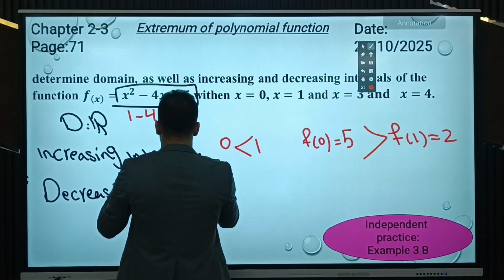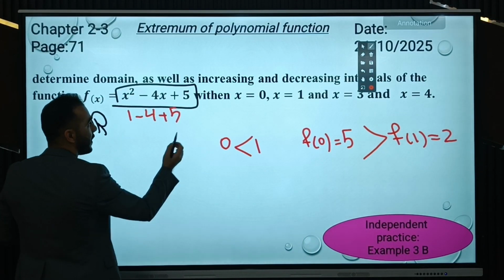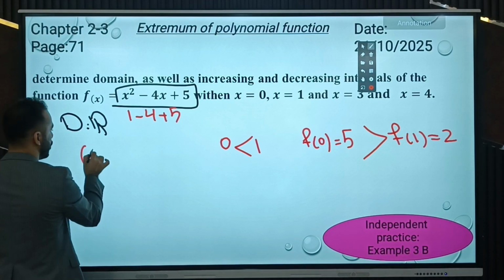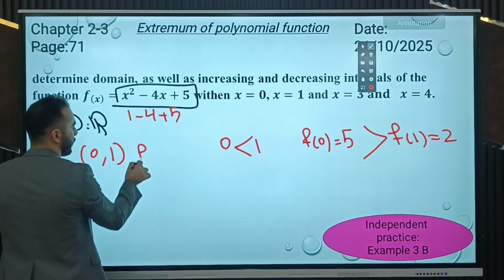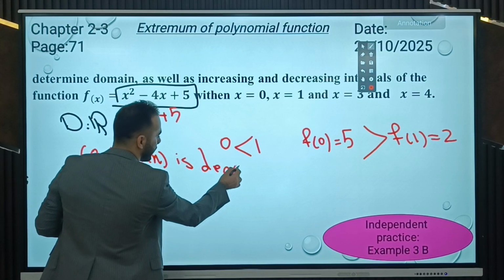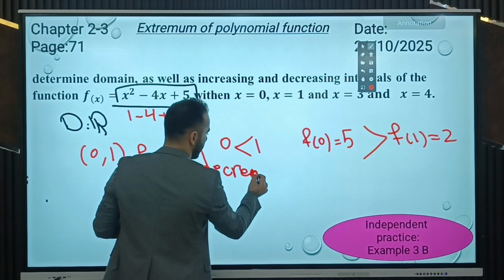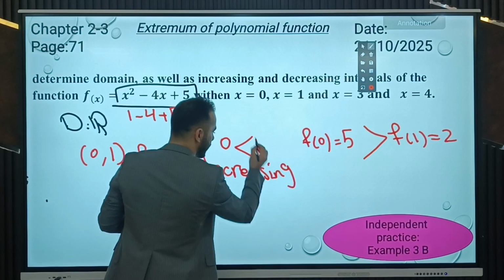Like in the interval from 0 to 1, f of x is decreasing. Decreasing.